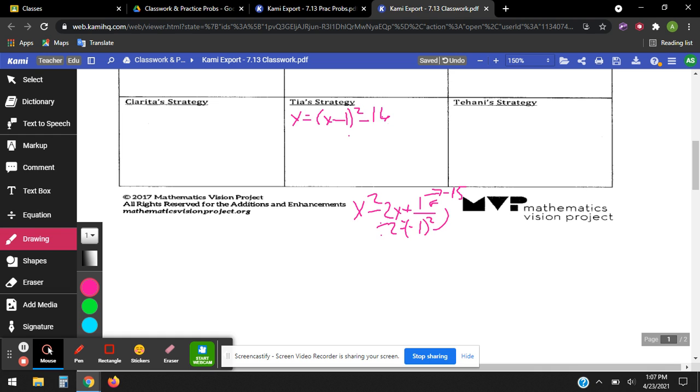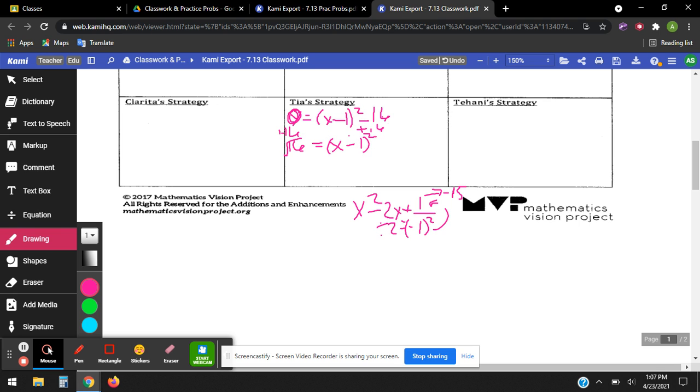So to figure out what my factors are, I actually just want to put a 0 in here. Actually, I don't have a ton of room, so let's just keep this simple. We're going to put a 0 for y. So plus 16, plus 16. So 16 equals x minus 1 squared.